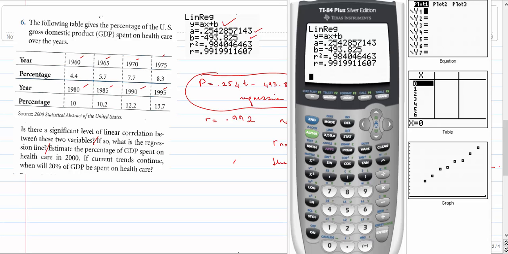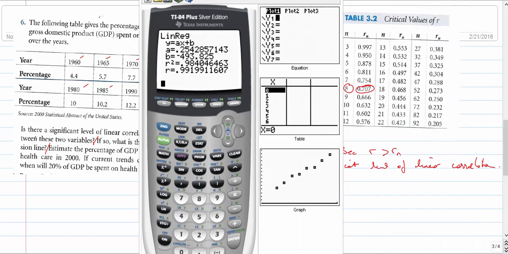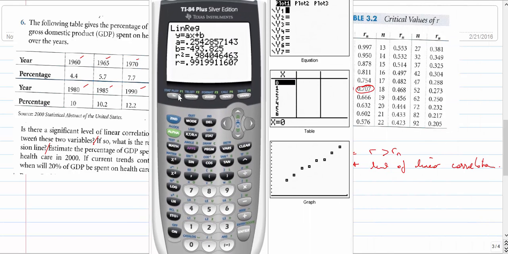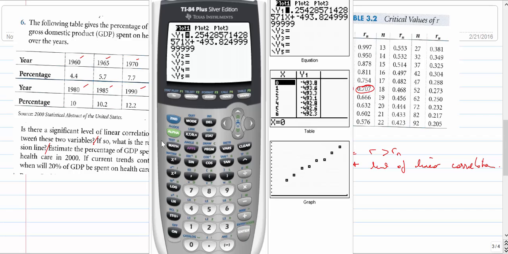If I wanted to graph, go to Y. If I wanted to graph a variables, 5 to statistics and scroll right to equation and 1, hit enter, and I picked up my values and graph.